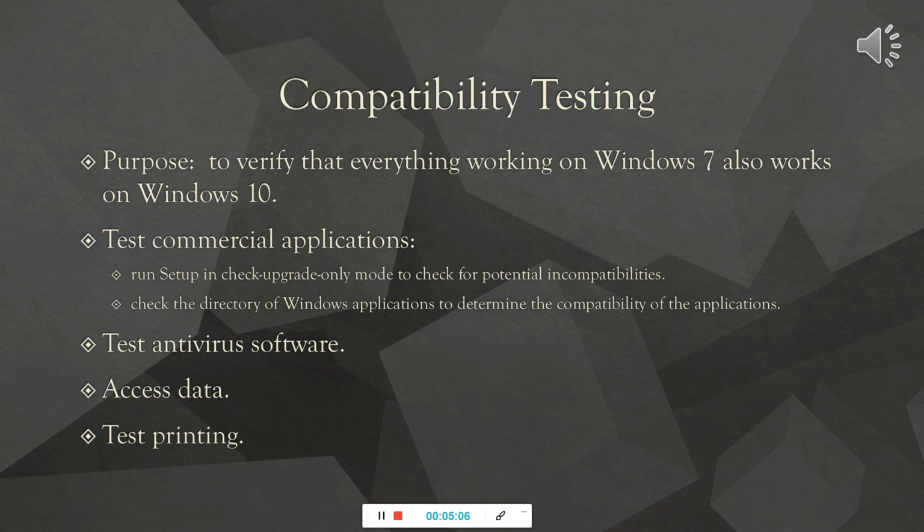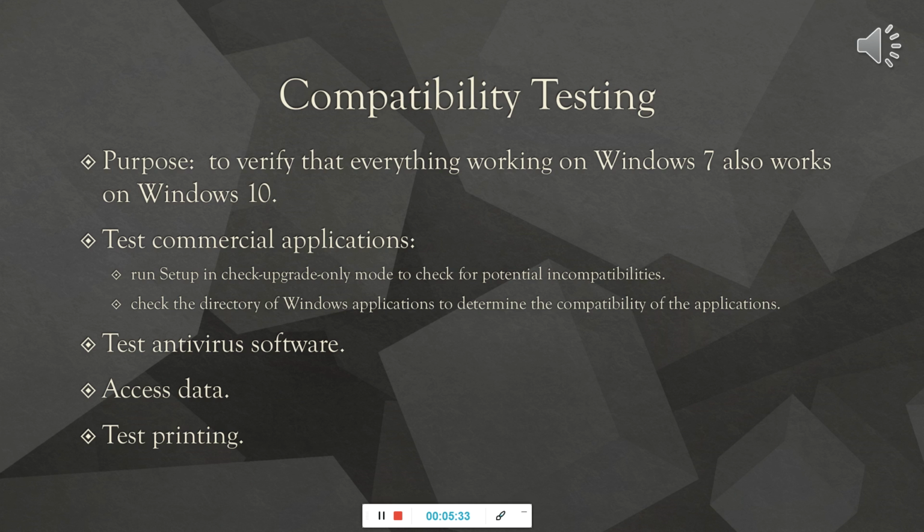If an application was written for an earlier version of Windows, it does not necessarily use new Windows features, but its functionality should work in Windows 10 as it does on Windows 7. First, I tested the compatibility of commercial applications.